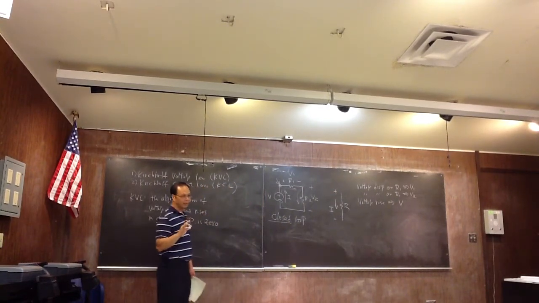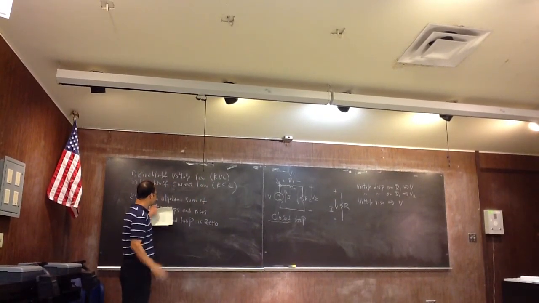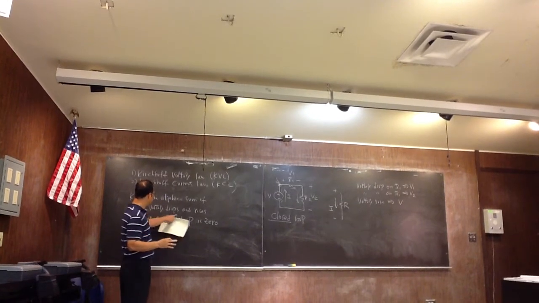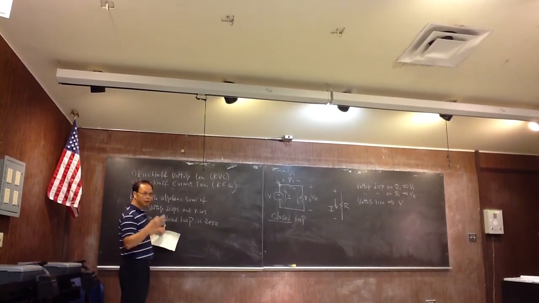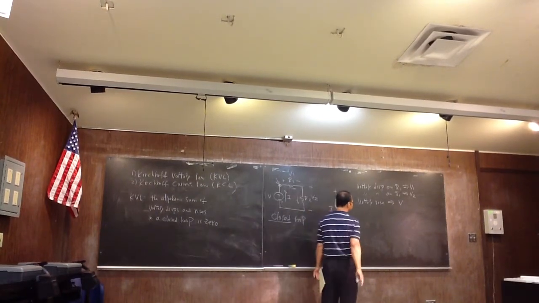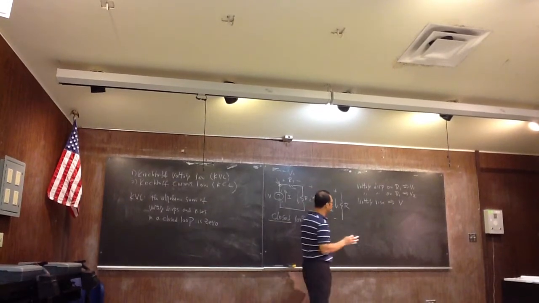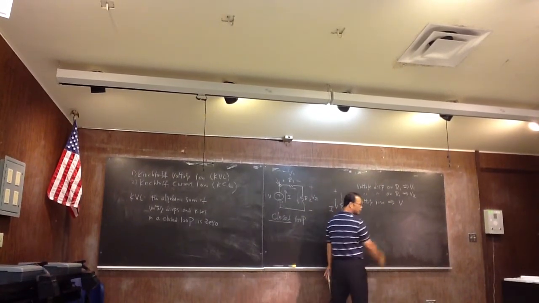Now we're going to apply Kirchhoff's voltage law. It tells you that the sum of voltage drops and rises in a closed loop should be equal to 0. So if I just add them up, we have to assign the sign to the drop and the rise.